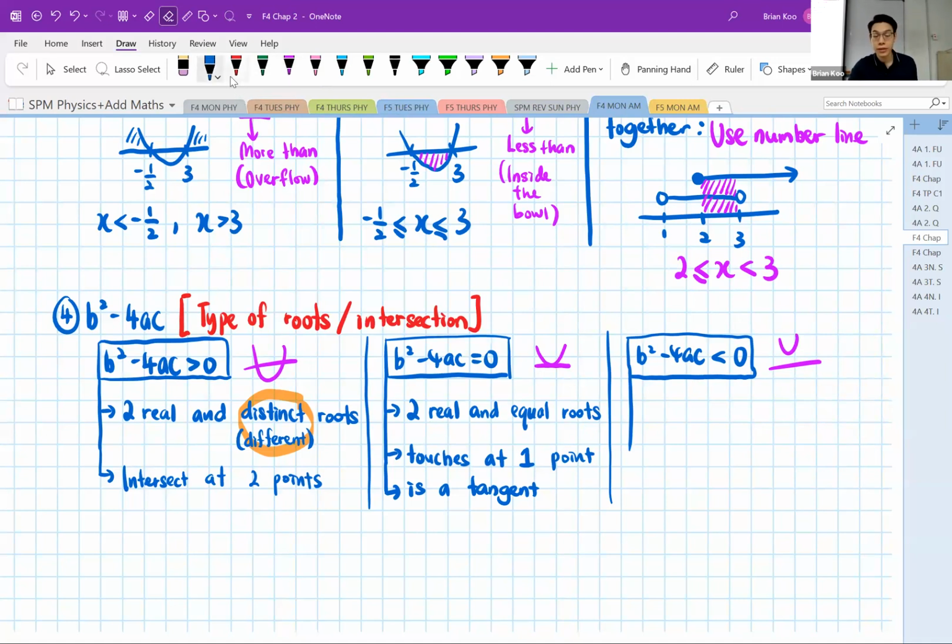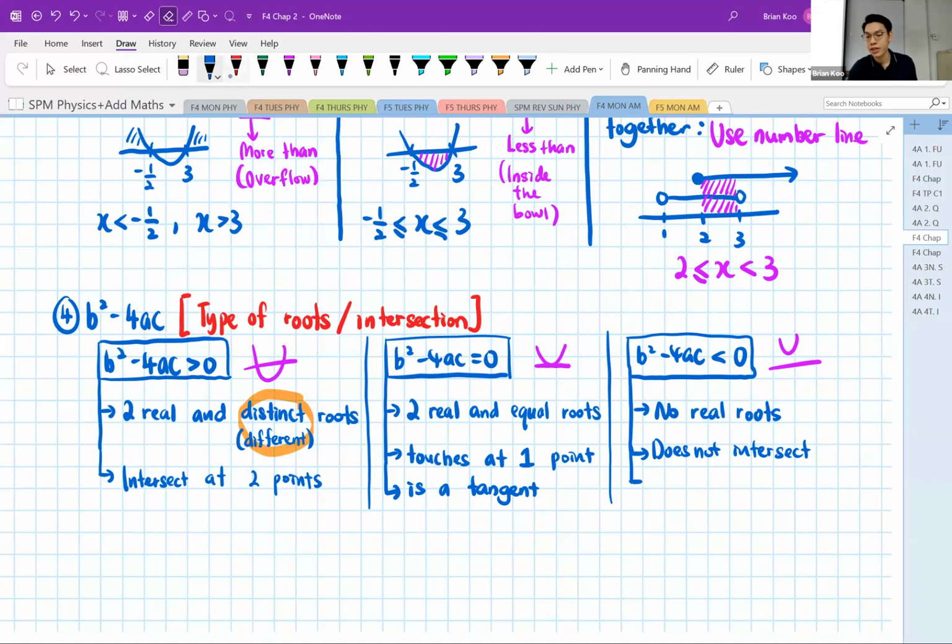So we have a few ways to describe this. No answer, no roots, no real roots, or does not intersect.